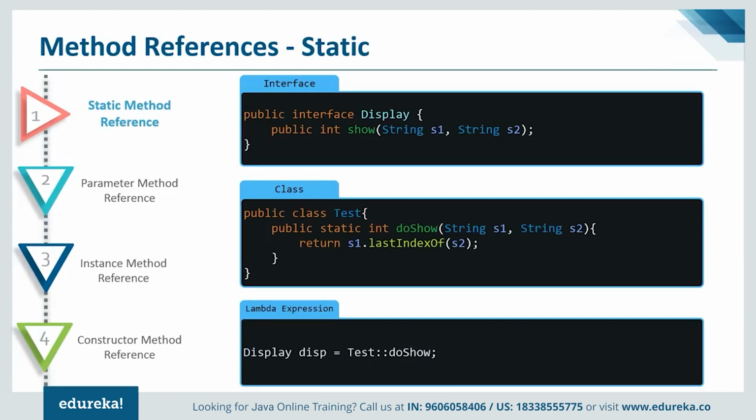As in a lambda expression, I can use a scope resolution operator, as in C++. We can use the name of the class, Test, then scope resolution, and doShow, which will automatically map the method. So it's like how we are referring to the doShow method for the show method.